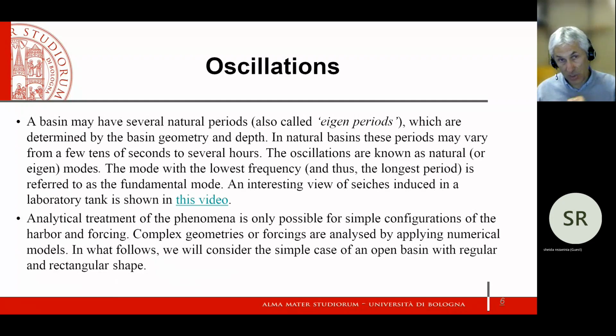If you have an intermittent forcing acting on a basin, pushing the water level down, and you imagine that this forcing is then released, you have the up of the water level, and then it comes back down.